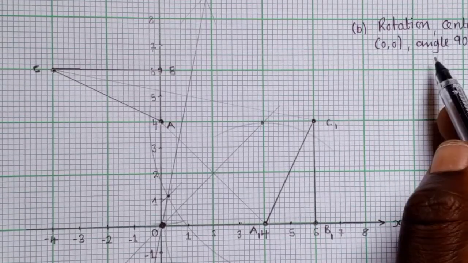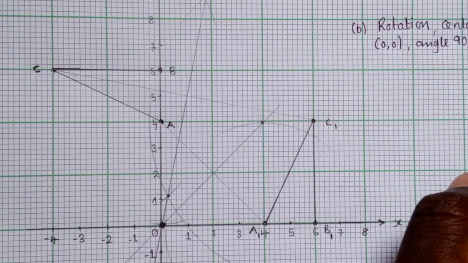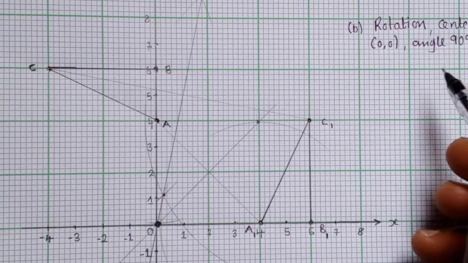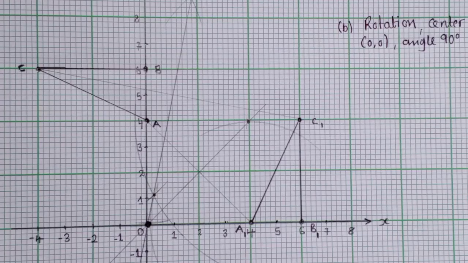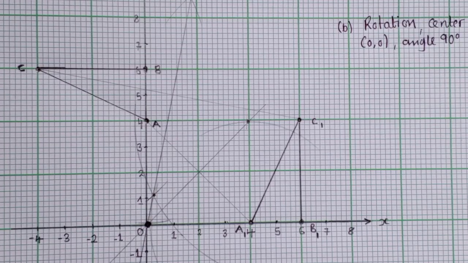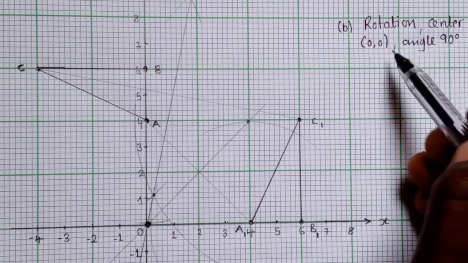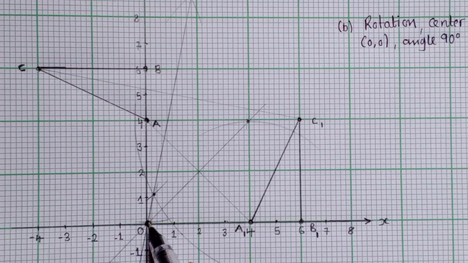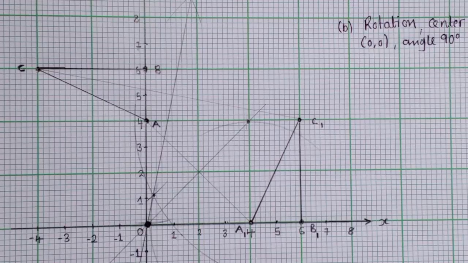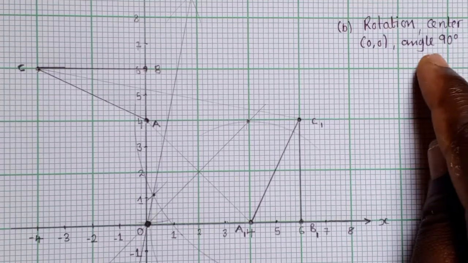So I'll tell you, I've not shown you how I found a 90 degrees angle, okay? And remember, all the solutions for this question must be on a graph paper, okay? That's what we've been taught. So we found the center of rotation, which is (0, 0). This is the origin, (0, 0). Now to find the angle, I know that is 90 degrees.